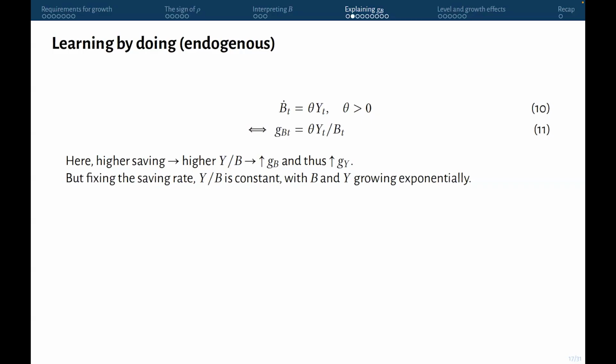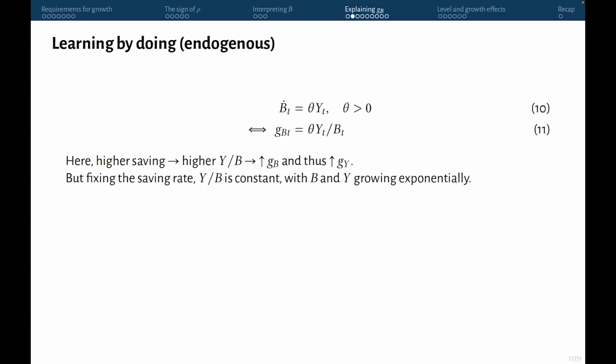And so fixing the population, so we're fixing L now, Y over B is constant, because Y is growing at the same rate as BL, but L is constant, so it's growing at the same rate as B. So Y and B are growing at the same rate. And because Y over B is constant, sure enough, GB is constant, which is what we said. B is growing at a constant rate. That's the same rate as output is growing.